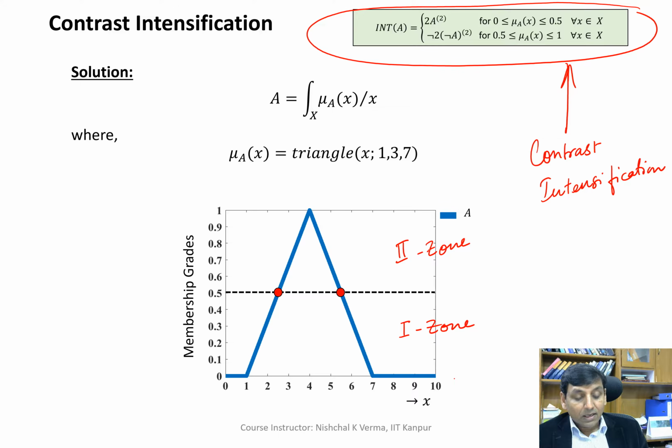Please understand that for any membership value exactly equal to 0.5, either of these expressions can be applied, and both are going to give the same value of the intensified membership function of the intensified fuzzy set.